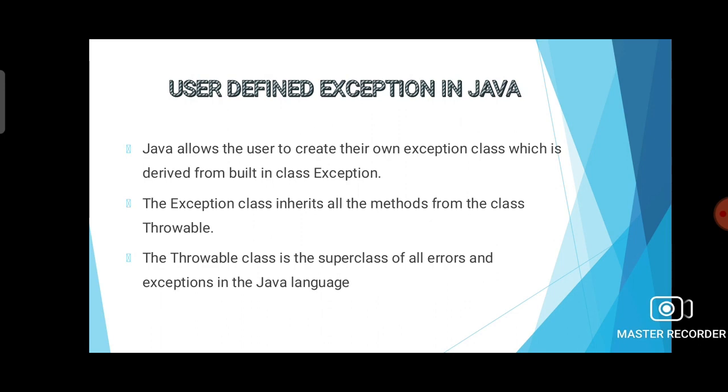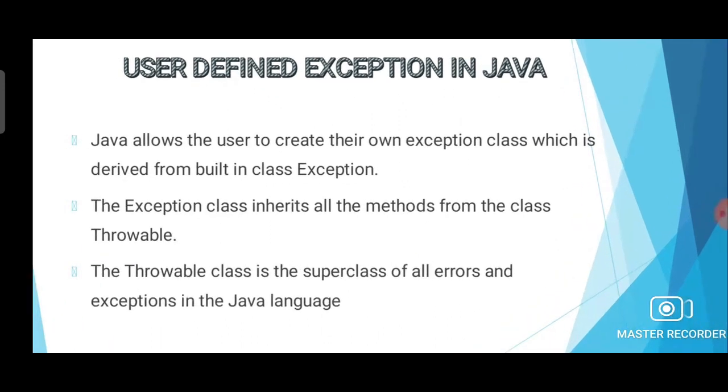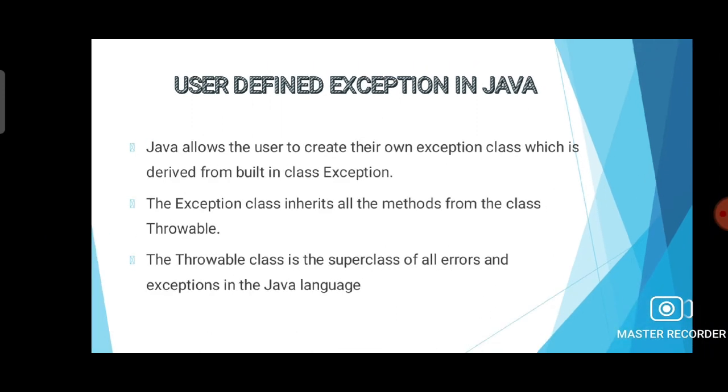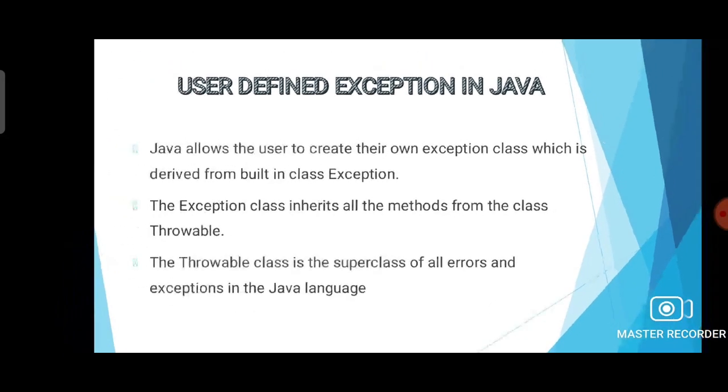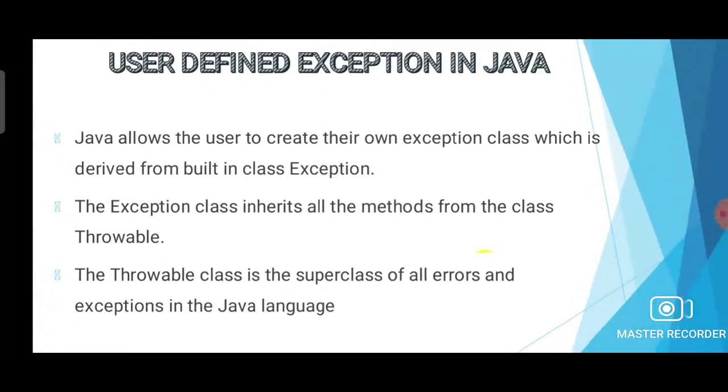And user-defined exceptions means the user can create their own exception class which is derived from the built-in class Exception. That is the base class for exception handling. So under the Exception class, the user can create their own exceptions. That is called a user-defined exception.